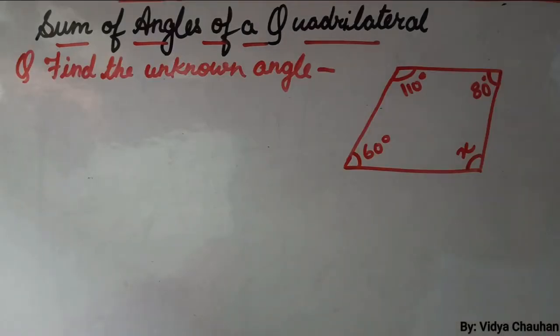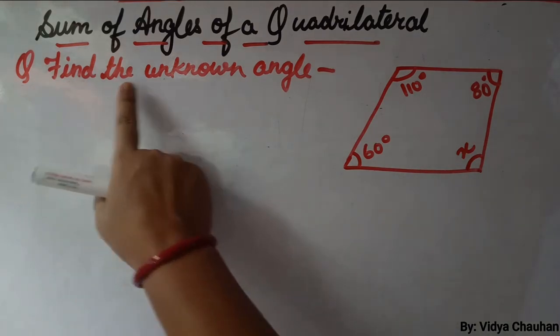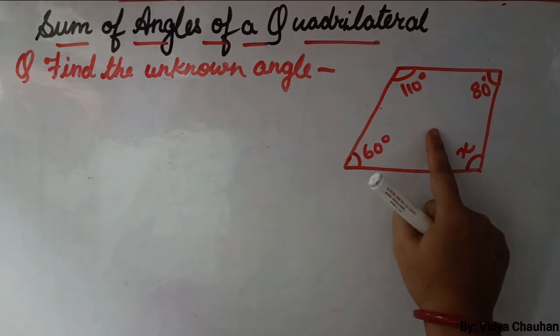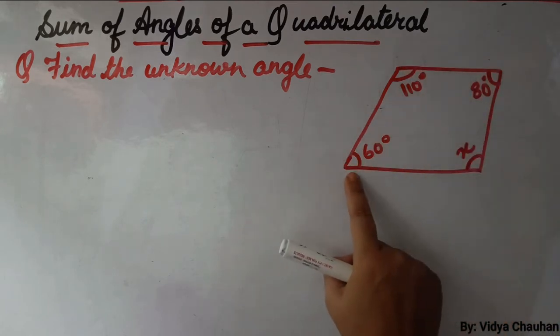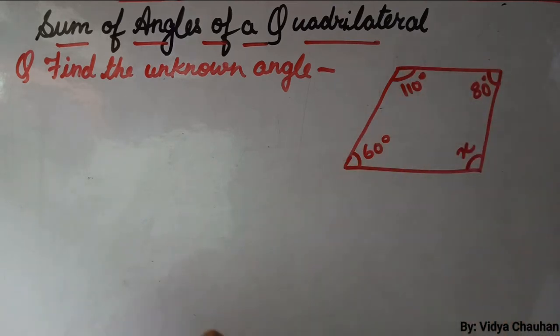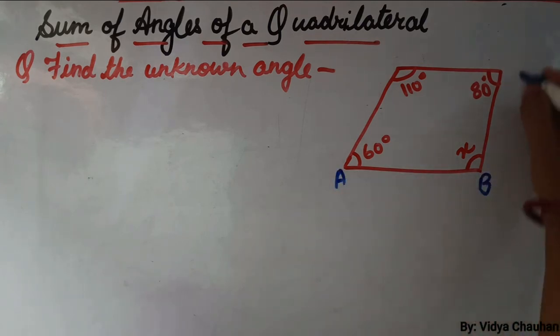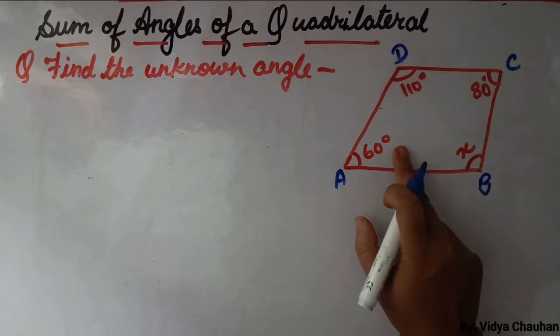So students, as you can see, I have taken an example that find the unknown angle, and here a quadrilateral is given to you whose four angles are given as follow. Our first angle is of 60 degree. If I name this quadrilateral as A, B, C, D, so angle A is of 60 degree.